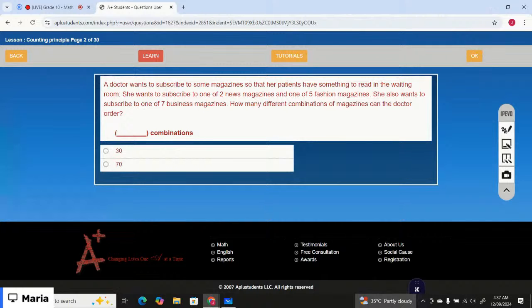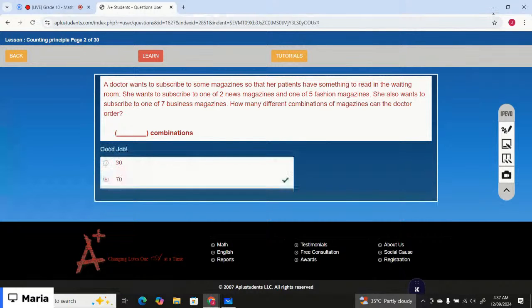The correct option is 2 times 5 is 10 and 10 times 7 is 70. The correct option is 70. Option number 2 is the correct option.